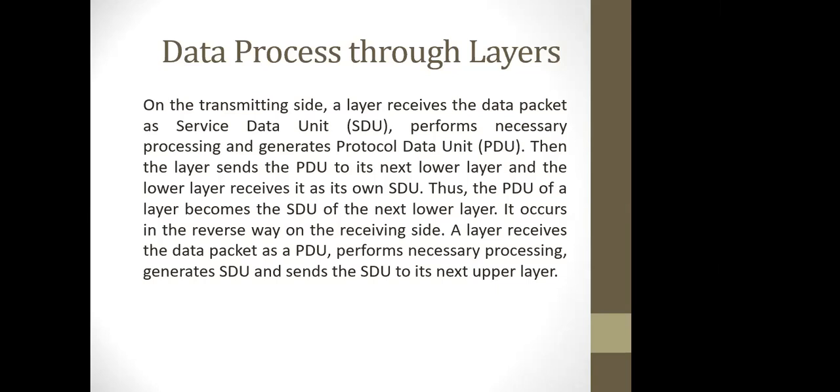On top of RLC you have PDCP. So when PDCP receives data from the upper layer, they treat them as SDUs. But when PDCP delivers, these delivered packets are PDUs for PDCP. But PDUs for the PDCP layer are SDUs for the RLC layer. Okay, that's for the transmitting side.